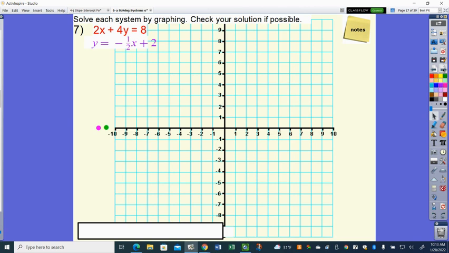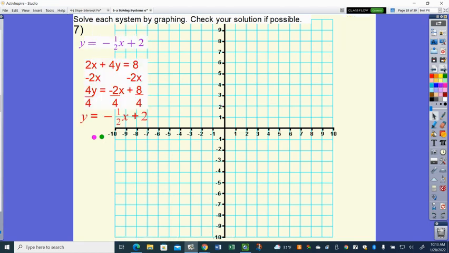So, we're just going to do one last one here. So if I take a look, I got some weird colors here, but if I look right here, I can go ahead with this one. I'd be tempted, okay, there's my 2. I'm going to pick another point, and I'm going to rise negative 1 and run 2, and I'm ready to go with that line. The top one is not ready to go. So I need to solve for y. So let's go advance and talk about how to do that. So the first thing would be to subtract the 2x from both sides, making a 0 pair here, and I'd have 4y equals negative 2x plus 8.